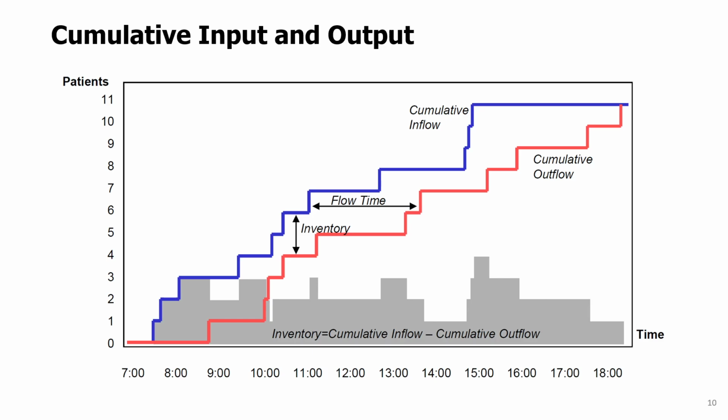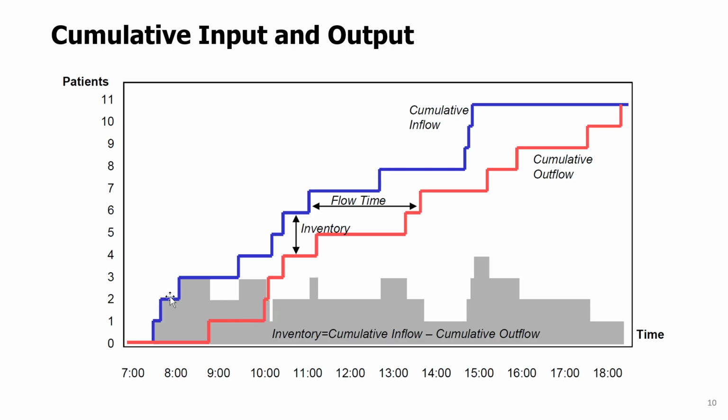So you will see that sometime around 7:30, the first patient arrived, and then the number of patients became 1, and then the second patient arrived, right, and probably waited because the first patient was still there, but the first patient left at close to 9 a.m. And you see the second patient left close to around 10 a.m.